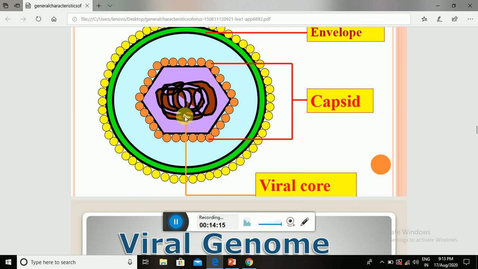The viral core consists of either single stranded DNA, single stranded RNA, double stranded DNA, or double stranded RNA. The structure surrounding this genetic material is the capsid. Around the capsid there is an envelope, which is of host origin.